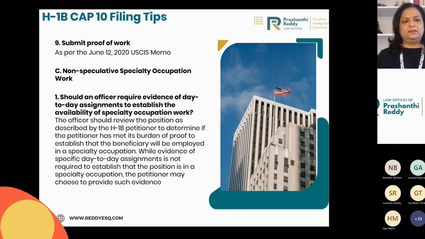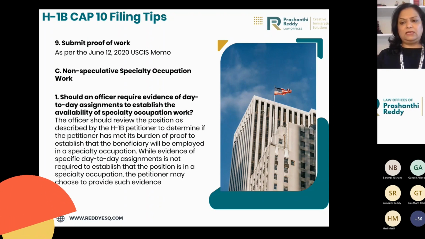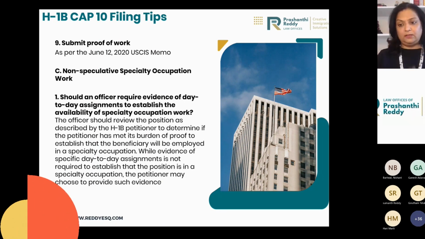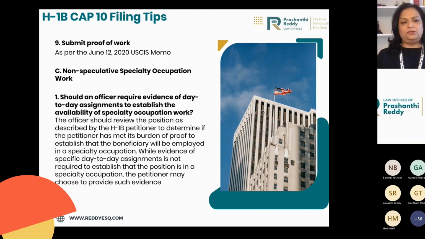While they say that, they say, should an officer require evidence of day-to-day assignments to establish availability of specialty occupation work, USCIS says that you do not have to submit day-to-day assignments, and that's what we won from the IT Serv decision. You don't have to submit a detailed itinerary of your everyday work. You don't have to show that you have work for the entire duration of the H1 period that you're asking for. But you have to show that you have availability of some work. So you don't have to show day-to-day work.